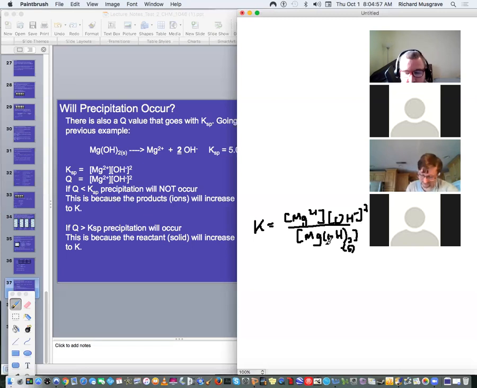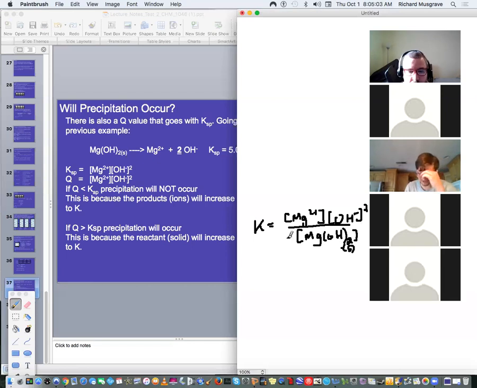Now, we know that the concentration of the solid is something that's meaningless, but I don't want you to focus on that. What I want you to look at is, let's say we've got our Q expression, which is going to be the same thing, right? If Q is less than K, then what's going to happen?